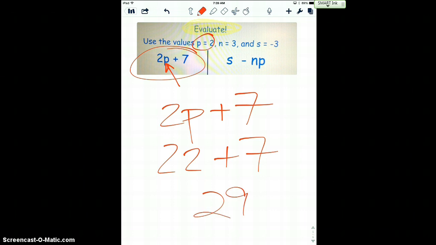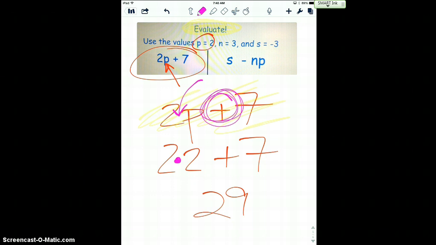But think about, what are they doing wrong here? You're like, that's not wrong, that's what I did. Okay, well, the issue is that when I look at this problem, there are 2 mathematical operations going on. There is addition, and the other one's kind of hard to see, but it exists between the 2 and the variable p. That operation is multiplication.